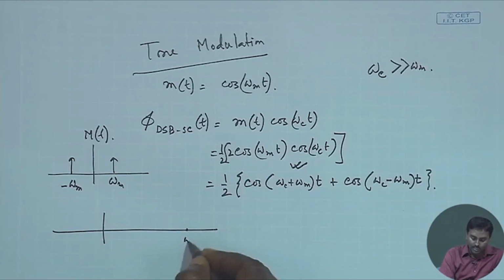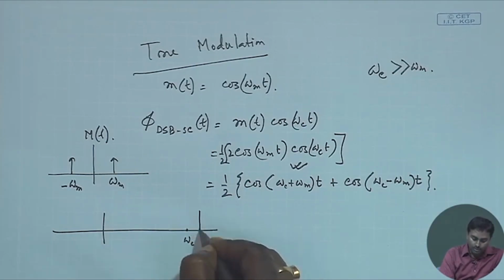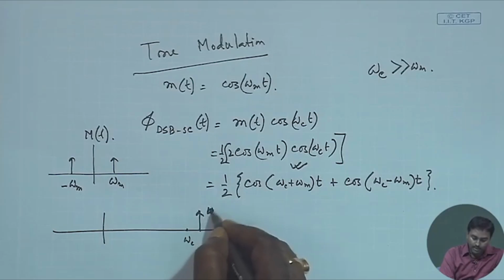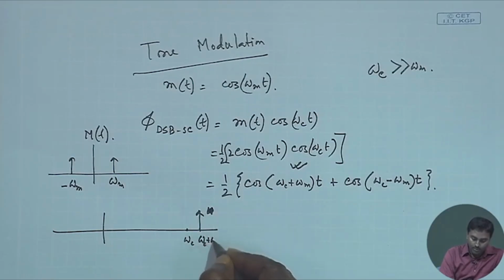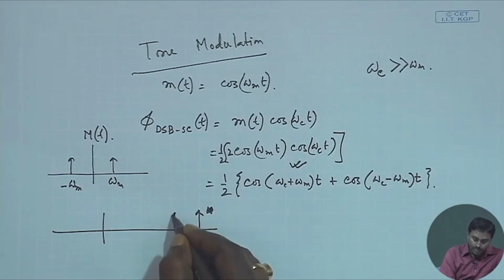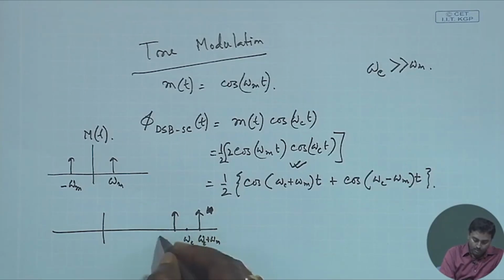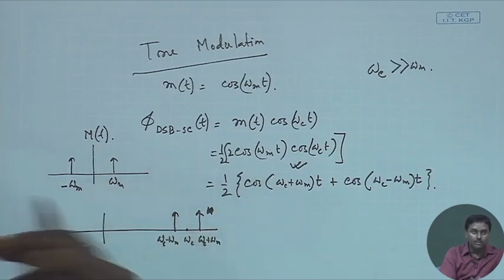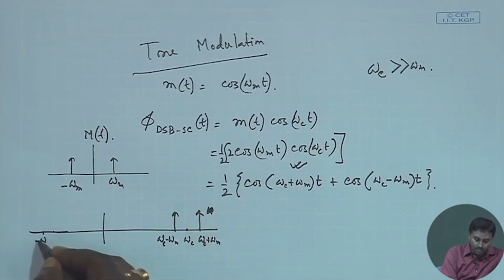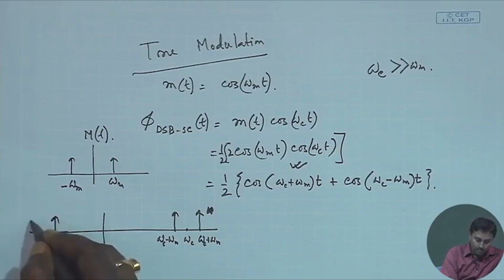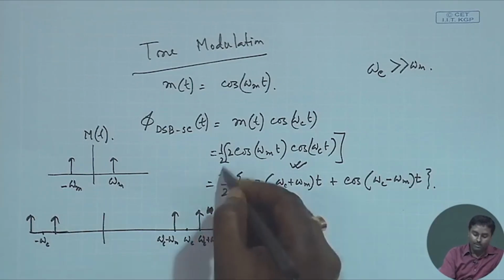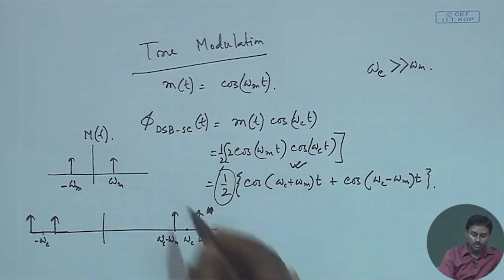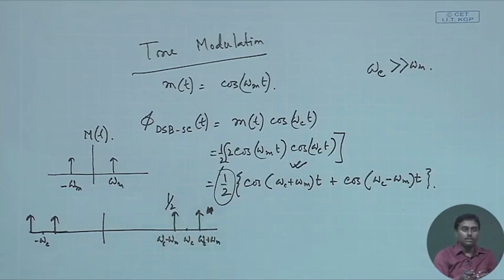If this is omega c, there should be one cos function at omega c plus omega m, and another cosinusoidal at omega c minus omega m, and of course the negative half should have the symmetric part. If this is minus omega c, there should be 2 parts over here with amplitude half. All this must have a half amplitude.